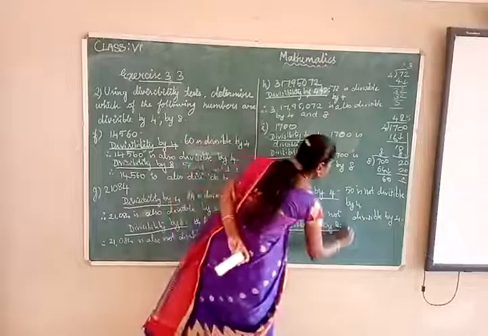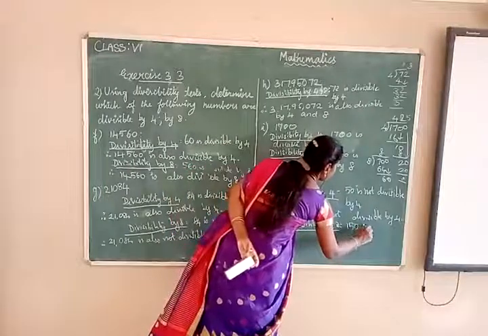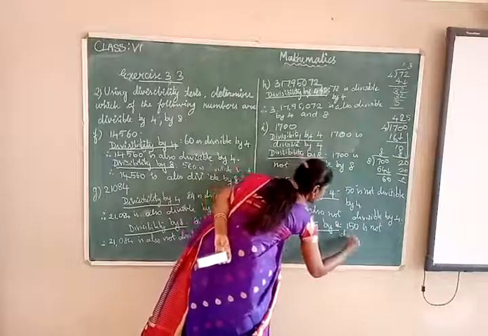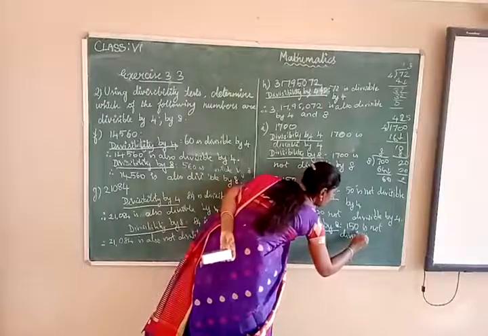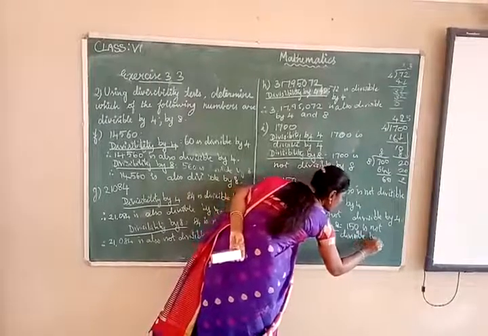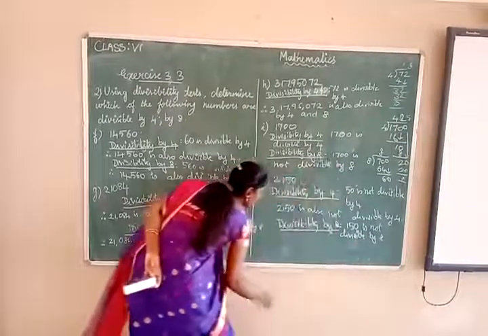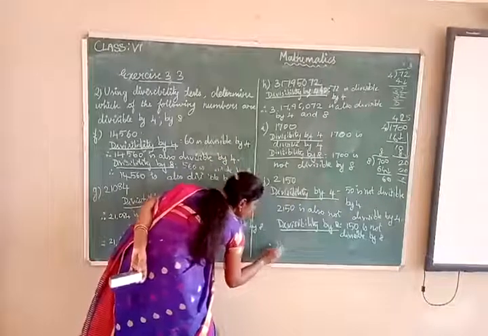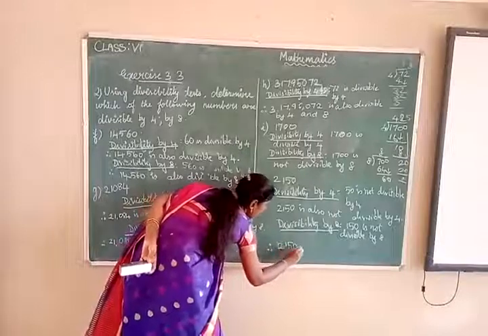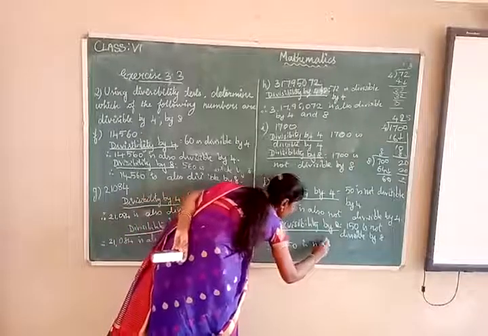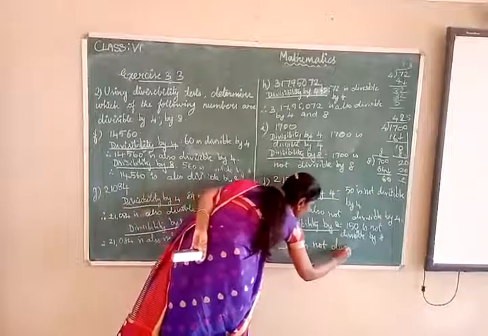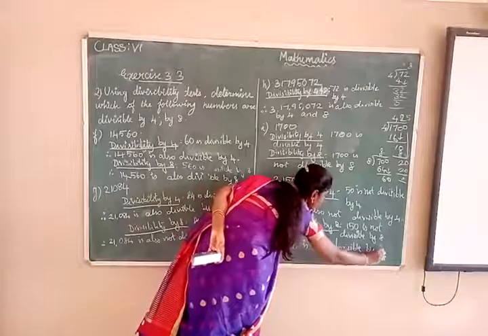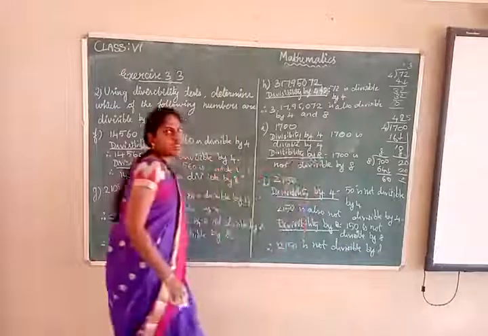So 150 is not divisible by 8. Therefore 2150 is not divisible by 8.